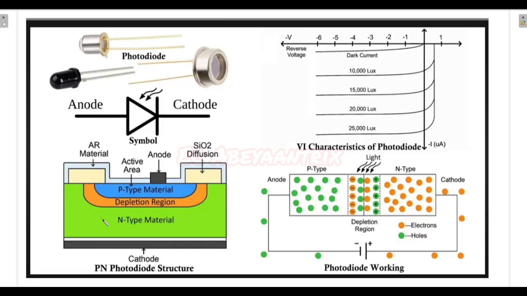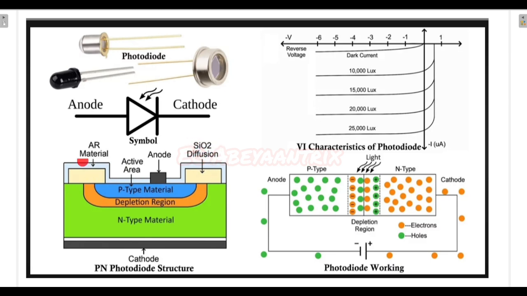And coming to its structure, the PN photodiode structure. As I said earlier, there will be P-type material and N-type material, similar to a PN junction diode only, and there will be a depletion region in between. I have said this in the PN junction diode concept itself, right? There are two terminals, anode and cathode, and here there will be an anti-reflective material coated, and as usual there will be a silica diffusion.